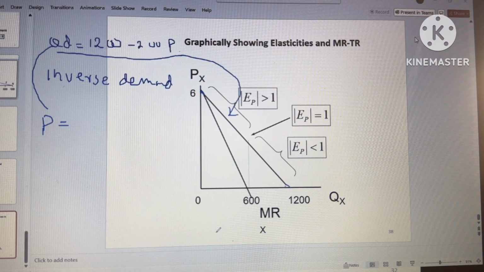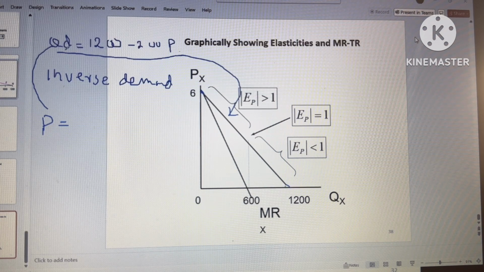Right. So I want you to solve this equation for P. Please do it. This is the direct demand function: QD equals 1200 minus 200P. From this, I need the inverse, indirect demand function.